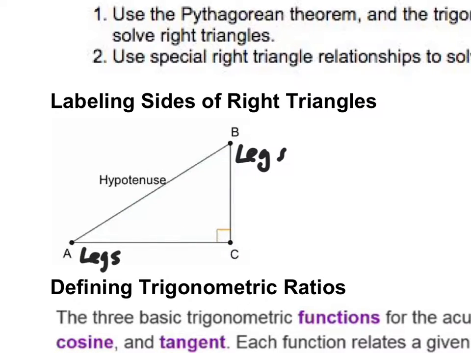So if we look at angle A, this is the thing about labeling sides of a right triangle.